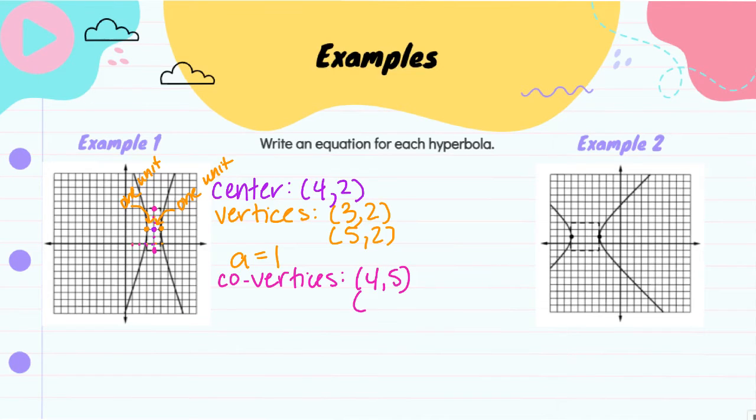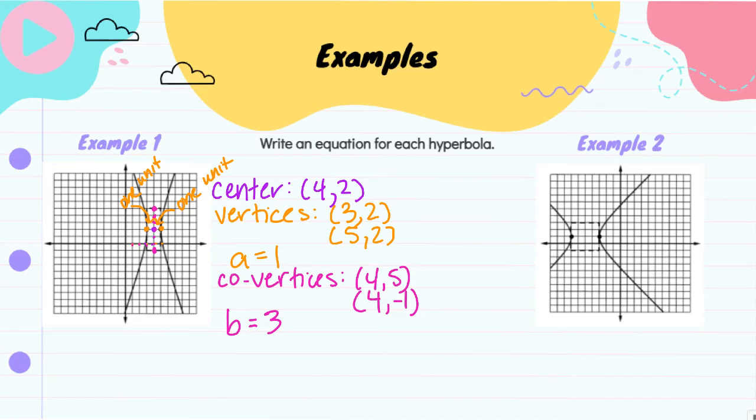And then the other point would be (4, -1). But what we really want to focus on is the distance between the center and each co-vertex, which would be b. So the distance from the purple point to each pink point is 1, 2, 3, a distance of 3.